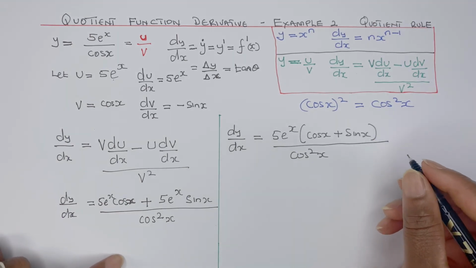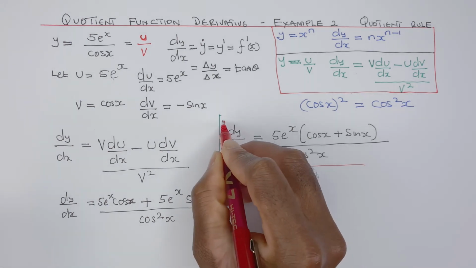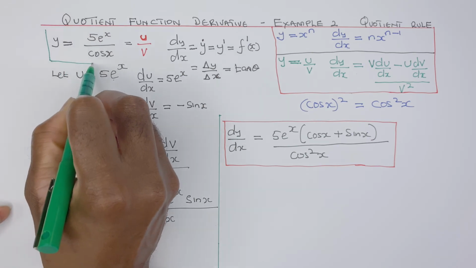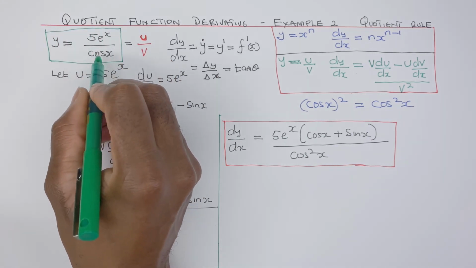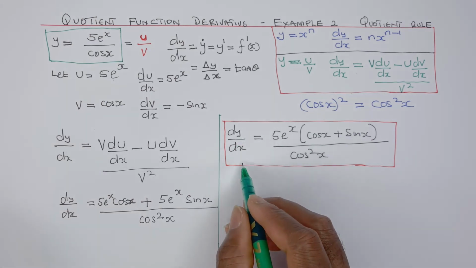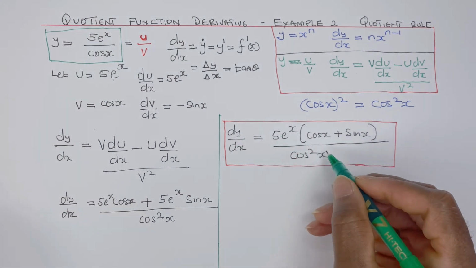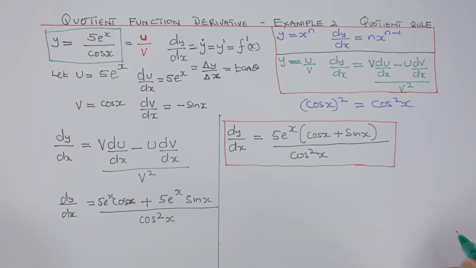And that will be the solution that we're looking for. Y equals 5e to the power of x divided by cos of x, dy/dx is 5e to the power of x, open bracket, cos x plus sine x, close bracket, divided by cos squared x.